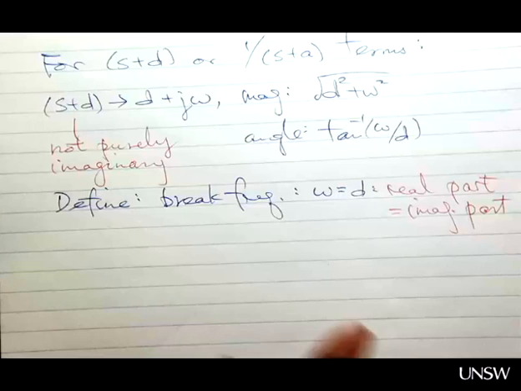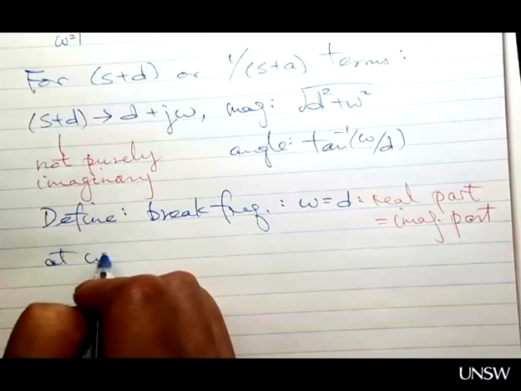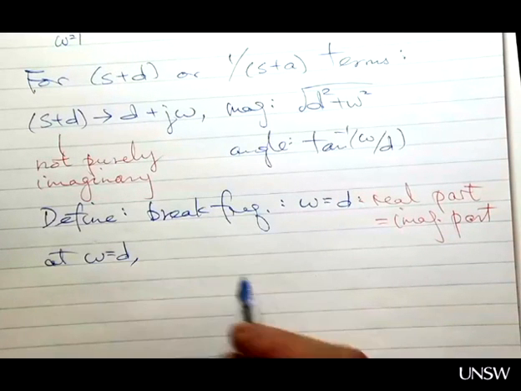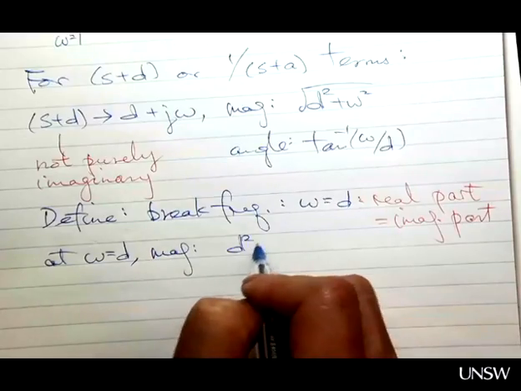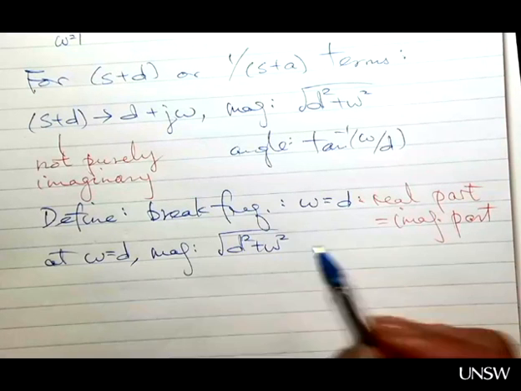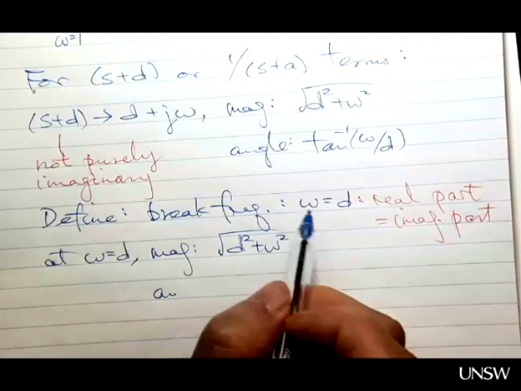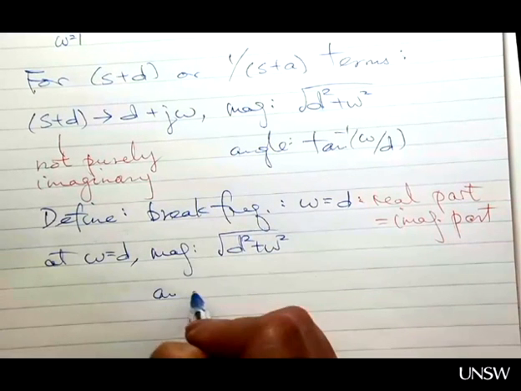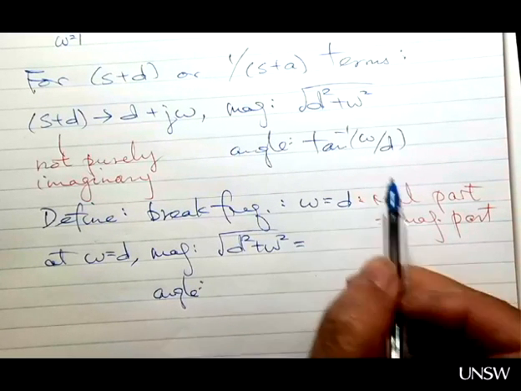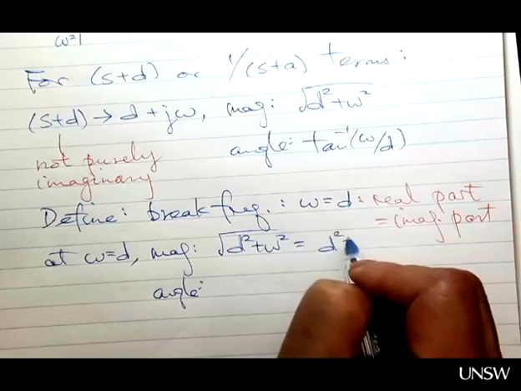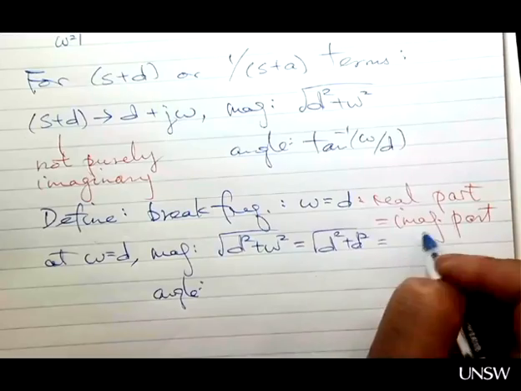So at this frequency, omega equals d, the magnitude is the square root of d squared plus d squared, which equals d root 2.